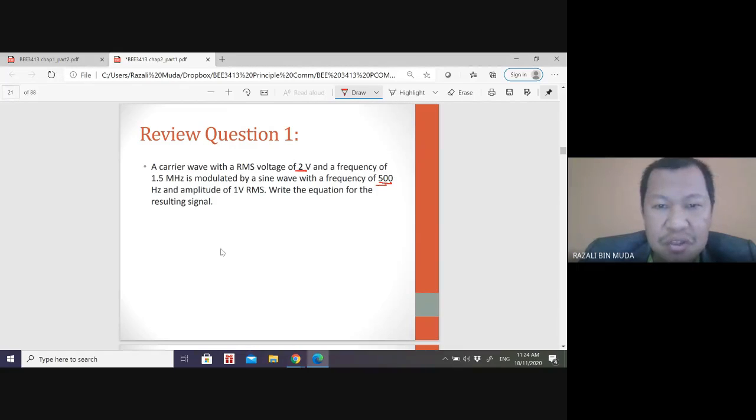A carrier wave with RMS voltage of 2 volt. Do you know what RMS is? Root mean square. Frequency of 1.5 MHz, modulated by a sine wave of frequency 500 Hz, amplitude of 1 RMS. Write the equation for the resulting signal.